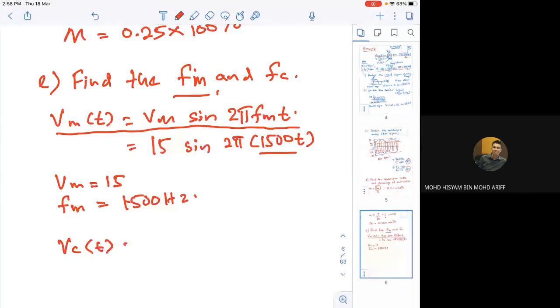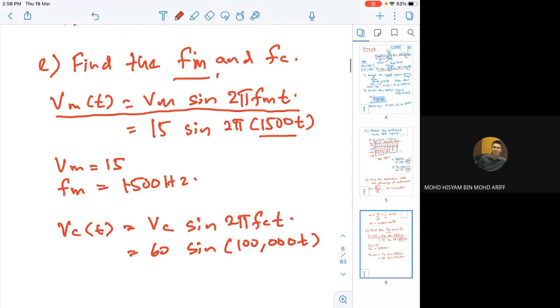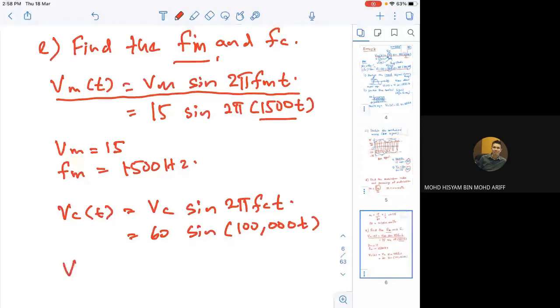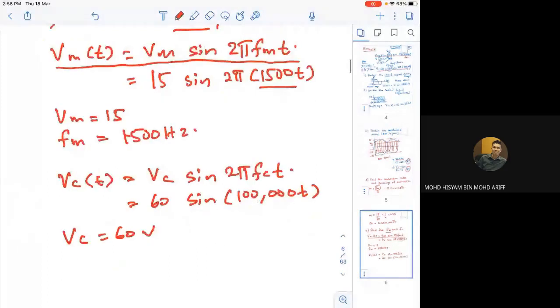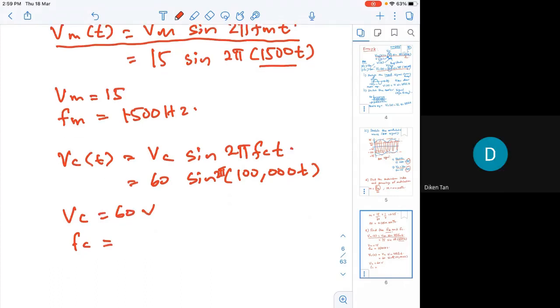Take out the equation of VcT, the carrier, equals Vc sine 2 pi Fc T. Take back the equation: 60 sine 2 pi 100,000 T. So basically Vc equals 60 volts, and then Fc equals what? What's the value of Fc? 100,000.